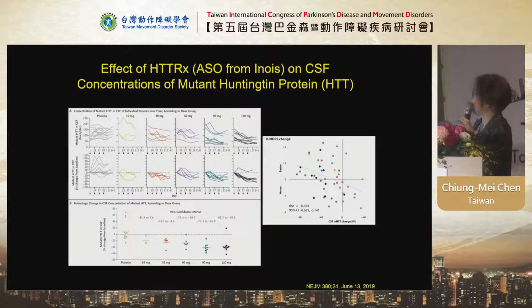HTTRX intrathecal administration can reduce CSF mutant huntingtin level in a dose-dependent manner, and the reduction of mutant huntingtin level correlates to improved UHDRS score. Since the phase 1 and 2A have shown positive results, this ASO treatment is under phase 2B and 3 studies.